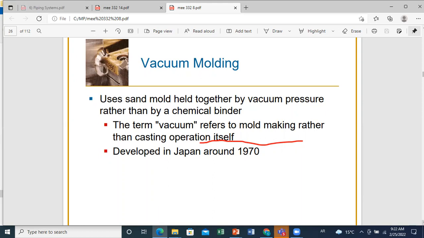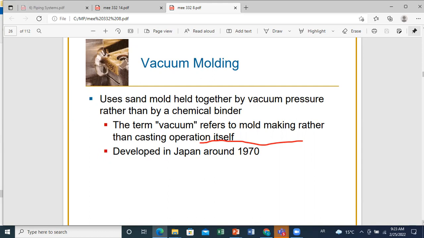Now, instead of using a chemical binder, we can create this effect of adhesion between the sand particles by vacuum pressure. So in this case, we say that we are using vacuum molding. The term vacuum will refer to mold making rather than casting operation itself.